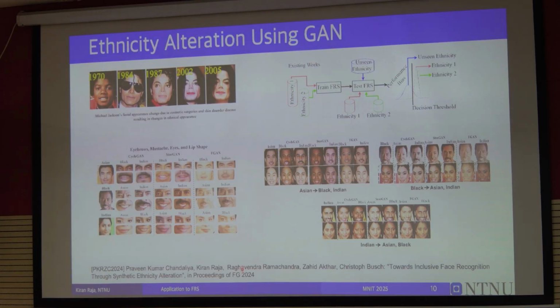So what he said was, I have this GAN with me, so the GAN can translate anything to anything, right? So if I give a flower image, it can translate it to a tree image and back. So he took all the images of people from India, and then he transferred them to another ethnicity, for instance, African.